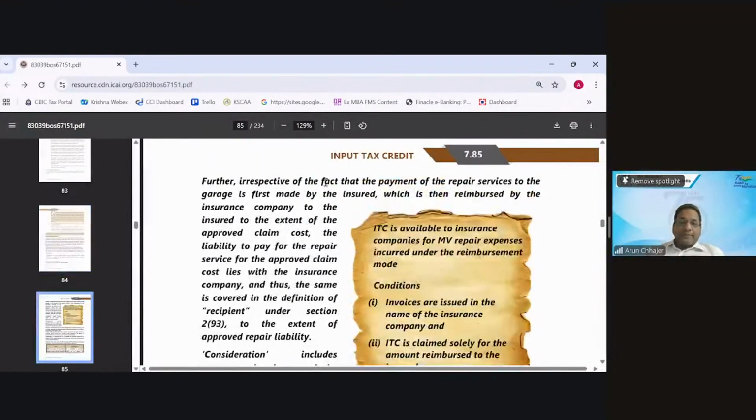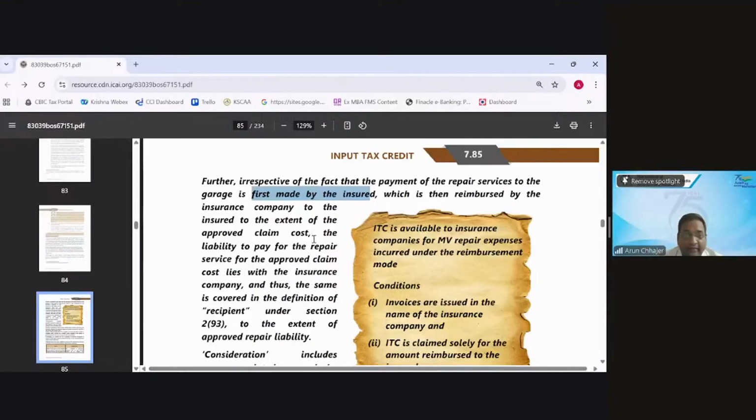Further, irrespective of the fact that payment of the repair to the garage is first made by the insured, which is then reimbursed by the insurance company to the insured to the extent of the approved claim cost, the liability to pay for the repair services for the approved claim cost lies with the insurance company, irrespective of whether the payment is first made by the insured and then reimbursed by the insurance company, or directly made.